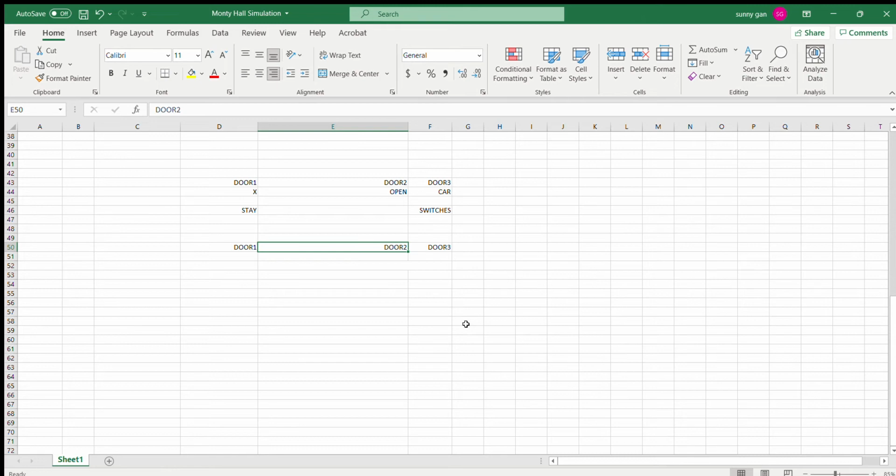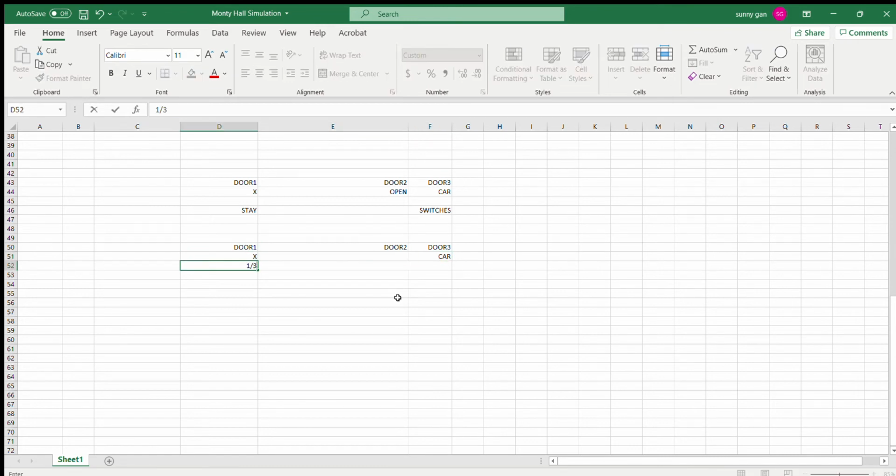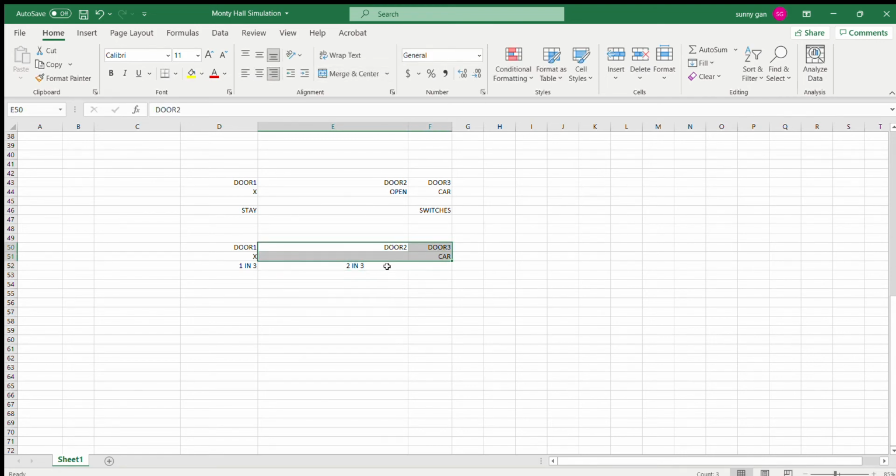Before Monty Hall opens door number 2, you essentially have a 1 in 3 chance of picking the right option. So the car is behind door number 3. You pick door number 1 and you have a 1 in 3 chance of picking the right option, and a 2 in 3 chance of not picking the right option.